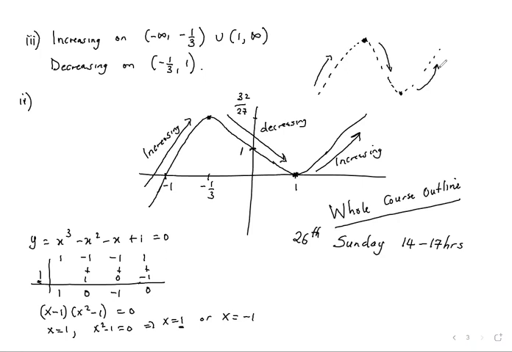My question is, how did you find negative infinity to -1/3? All the way from negative infinity up to -1/3, since we don't know where it's ending, the function will be going up. That's the meaning of this.